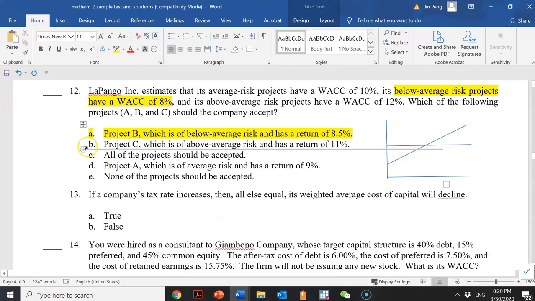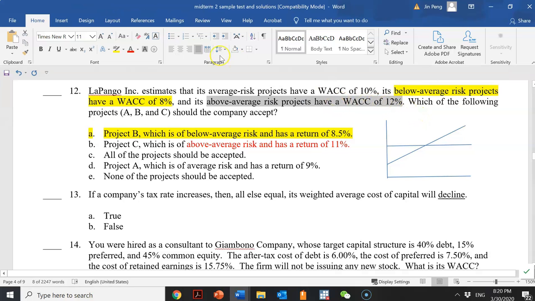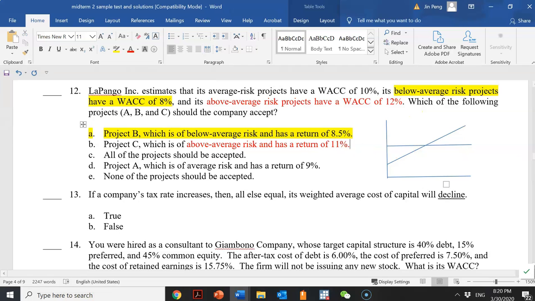Option B says project C, which is of above average risk, has a return of 11%. Let me mark it in red. Above average risk projects have a WACC of 12%. So here the return is lower than 12%. Should we accept it? No, we should reject it, because the return is below 12%.